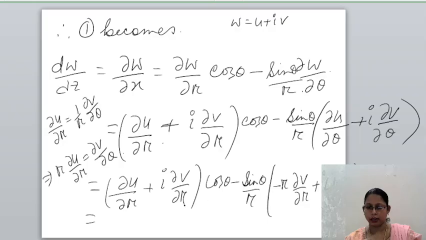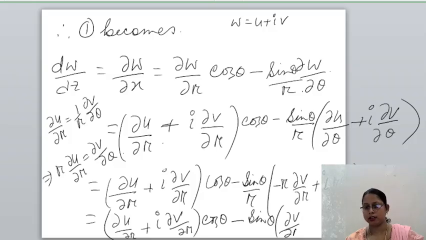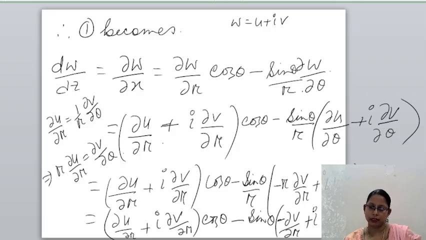Here if you take r common, that is del u by del r, i del v by del r, sin theta. This is minus. If I take i common, this is minus 1, there will be i squared. If I take i outside, that is del u by del r plus i del v by del r.